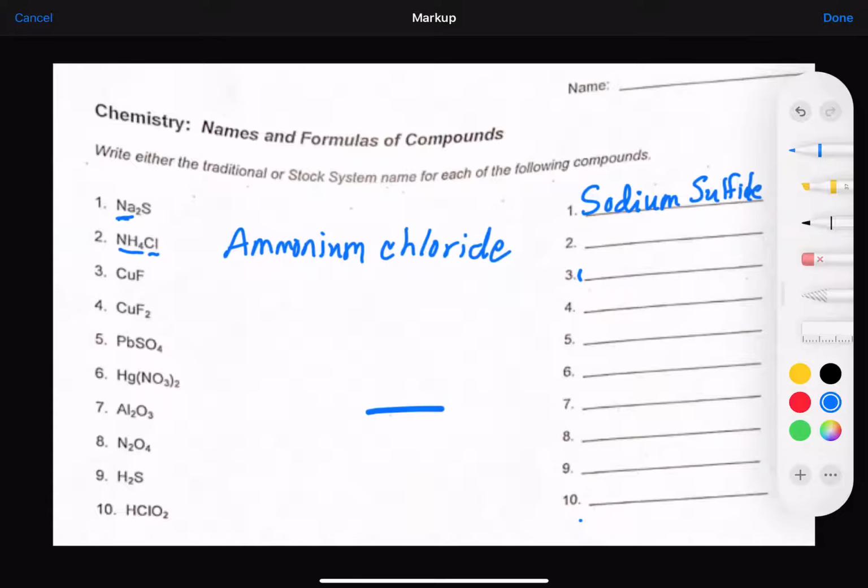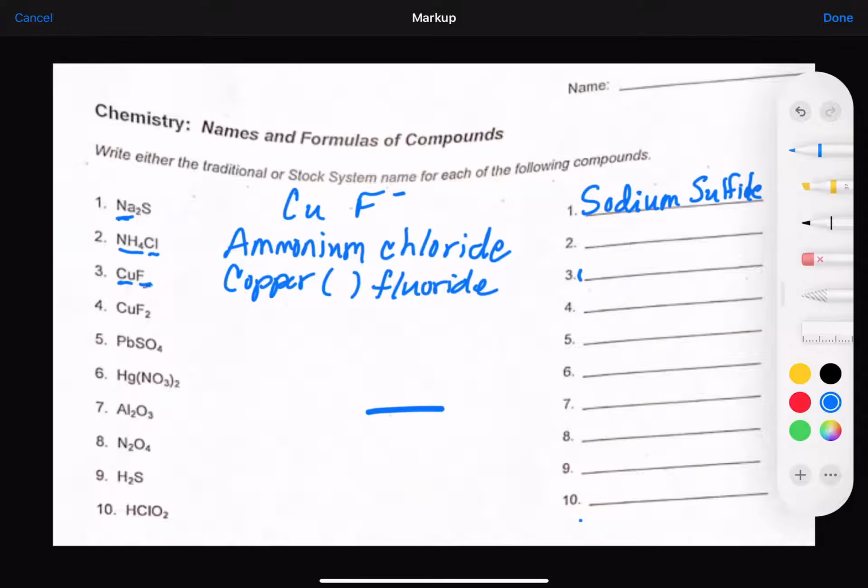Okay, the next one, we said copper, and because this is a transition element, we need to put its charge in Roman numerals. So how do you figure out the charge? Well, when they become a formula, you have copper and you have fluorine. Fluorine is in group 17, so it has 7 valence electrons, which gives it a negative charge. You can also look at that polyatomic ion sheet, and fluorine will have that negative charge.